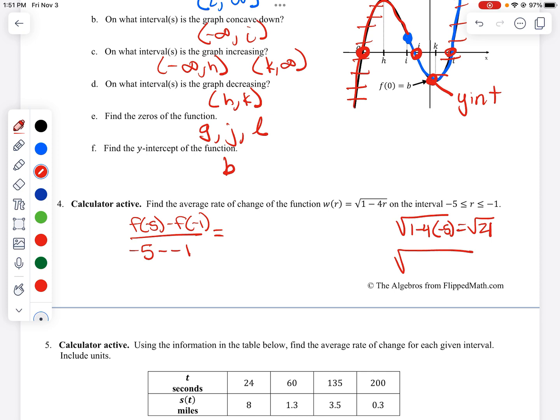And then we plug in 1 minus 4 times -1, so that would be 5. Then this would be the square root of 21 minus the square root of 5 all over -4. If you type that in, we get -0.5866.